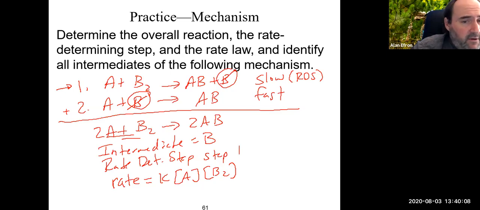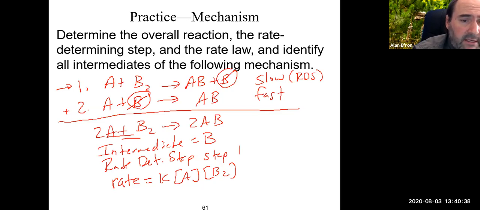But when you look at the overall reaction of NO plus O2 goes to NO2, there's no N2O2 present. That would imply that it was made early on and then used up. And that is what we call in a mechanism an intermediate. An intermediate is some type of molecule or substance that gets made in an earlier step in the mechanism, but by the time the mechanism is completely done, it is used up.